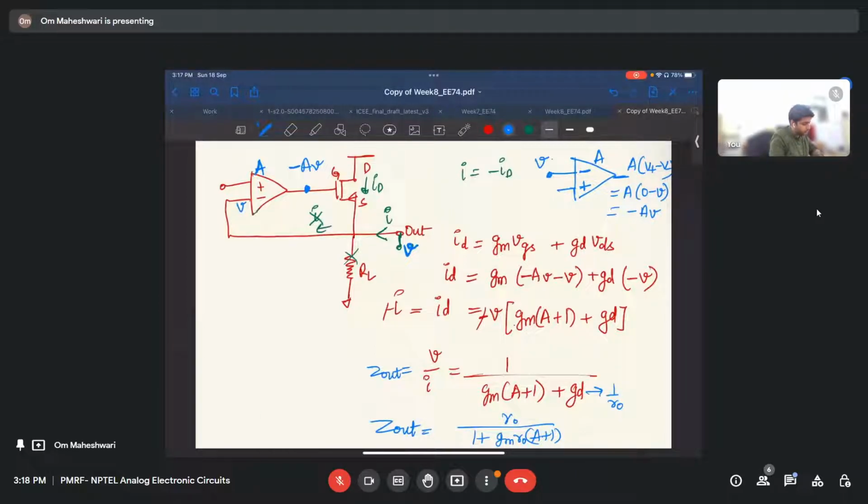If there was negative feedback, I would have applied the V in at here, not at here, right? I'm directly applying a voltage V at this node. So it is just like an open loop configuration, not actually feedback. Okay, got it.